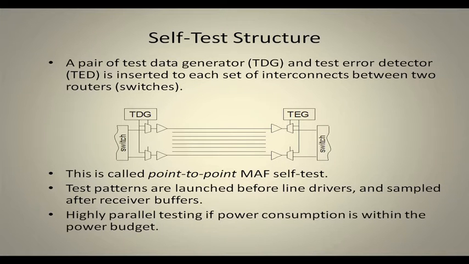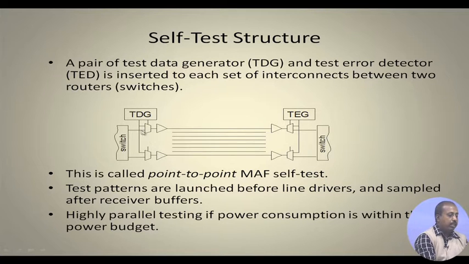Now, how can we do this testing for interconnects? First of all, one possibility is the self test structure. A pair of test data generator and test error detector, TDG and TEG, are inserted to each set of interconnects between 2 routers. This is one router, this is another router. These are the buffers that we have. In normal operation, the data from this switch will go into these links.